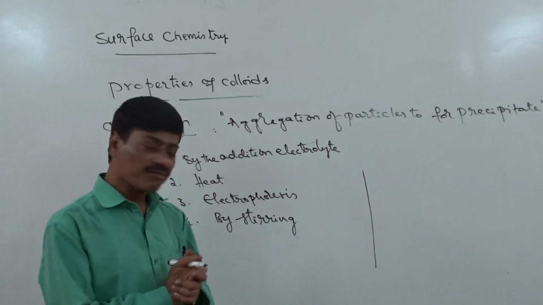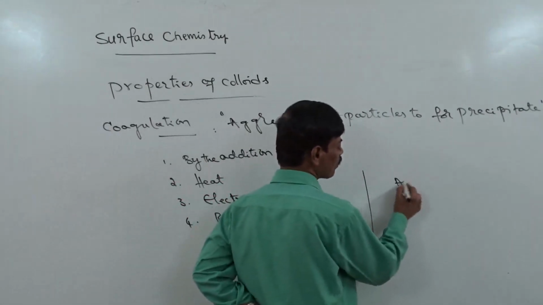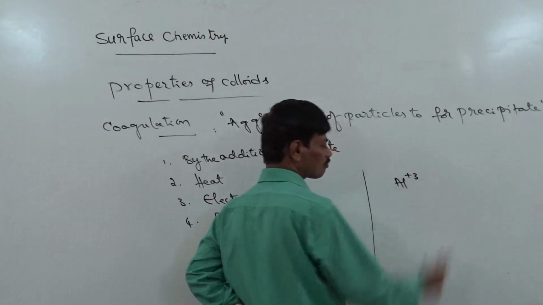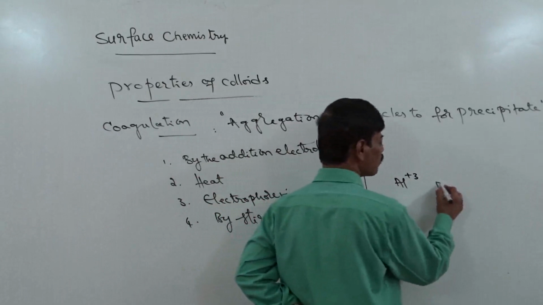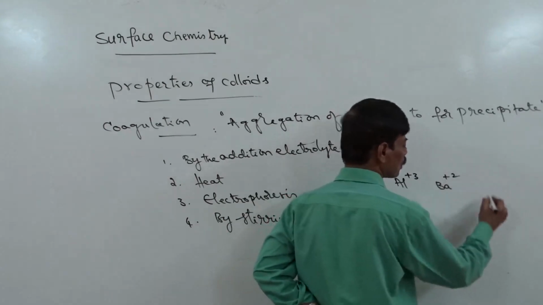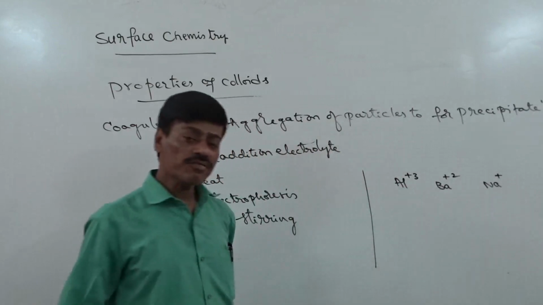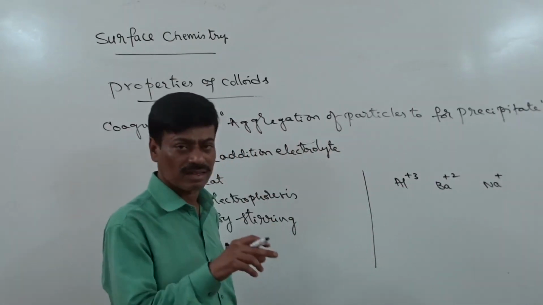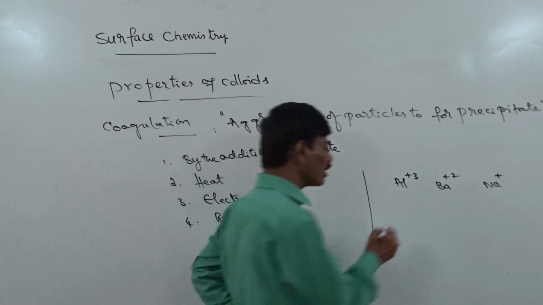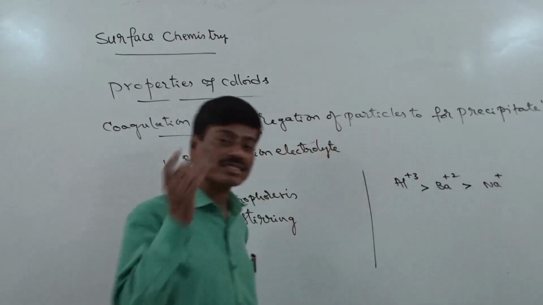Example, look at this: aluminium has +3 oxidation number, valency 3. Next, barium +2, sodium +1. Now, if coagulation is taken into account, the ion which has the highest oxidation number or valency will raise the coagulation power.